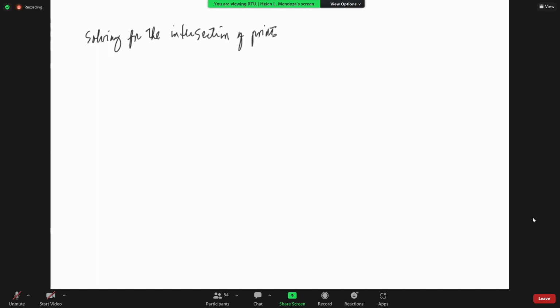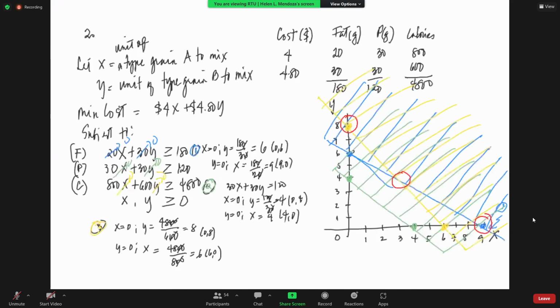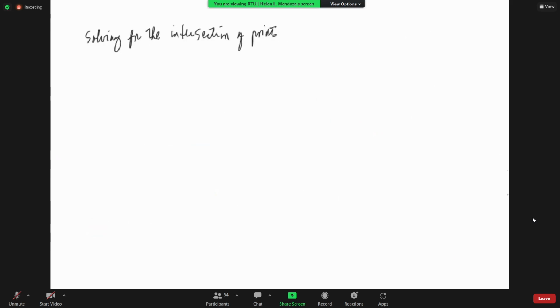So sa blue, ang atin ay 20x plus 30y is 180. O, sabihin nyo na lang sa akin kasi hindi ko masaulo. So yung isa ay yung number 1, 20x plus 30y is equivalent to 180. At yung pangatlo ay 800x plus 600y is 4,800, di ba?